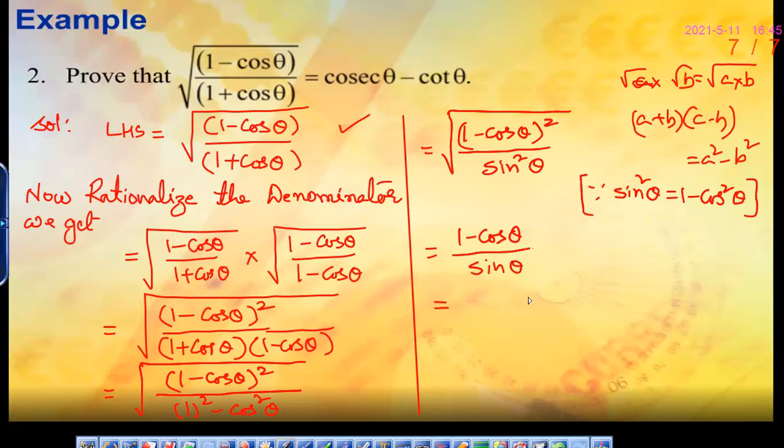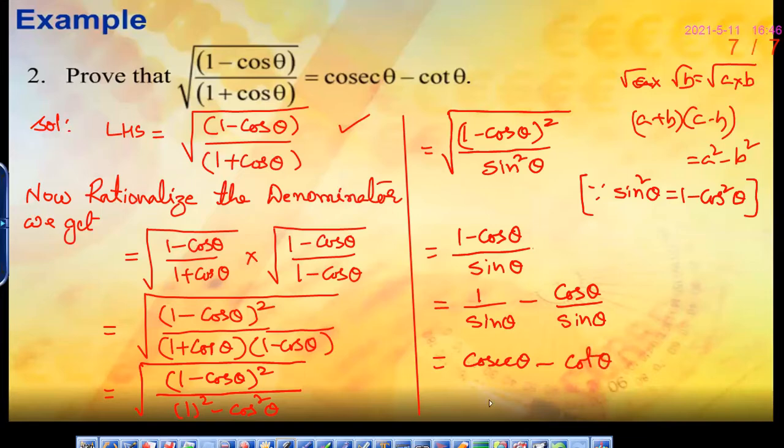So can we write 1 minus cos theta divided by sin theta as 1 divided by sin theta minus cos theta divided by sin theta? Now you know, children, 1 divided by sin theta is cosecant theta and cos theta divided by sin theta is cot theta.